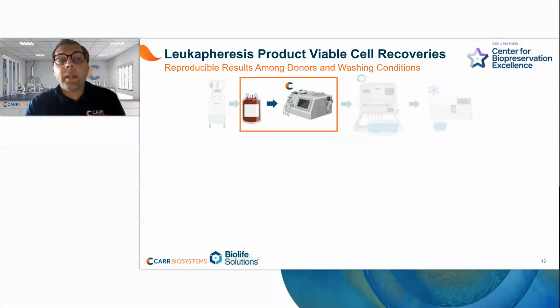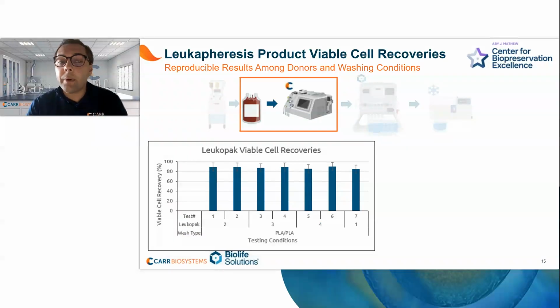Taking a look at the first few sets of conditions, we took the Leukopak and fed it into the Unifuge for washing. We did 7 initial tests where the Leukopak washing was done in Plasma-Lyte rather than going into cryopreservation media. Across these 7 testing conditions, looking at initial viable cell recovery, we saw consistent viable cell recoveries exceeding 85% for each run.